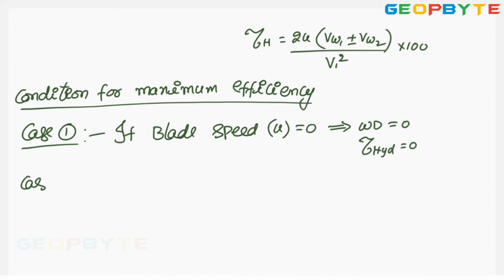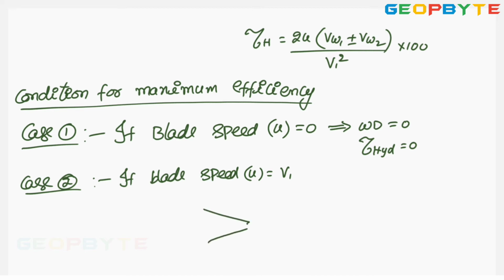Case 2, another extreme case. If blade speed u equal to jet speed, then the jet cannot catch the plate, because the jet has to travel some distance before hitting the blade. The nozzle may be arranged like this. This is the nozzle arrangement. The jet has to travel some distance before it hits the turbine blade.